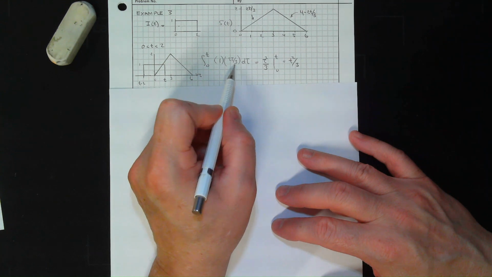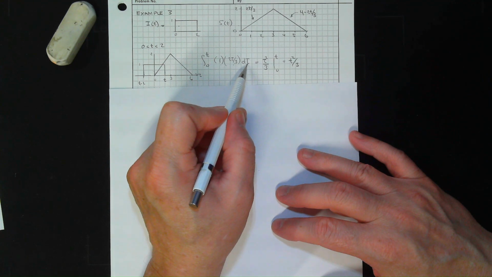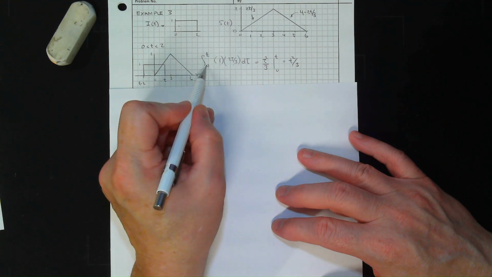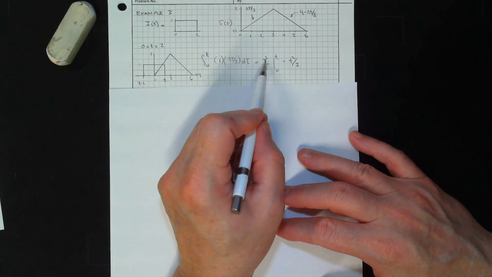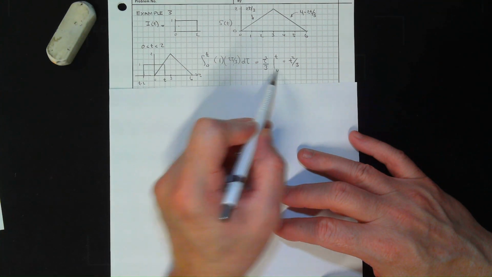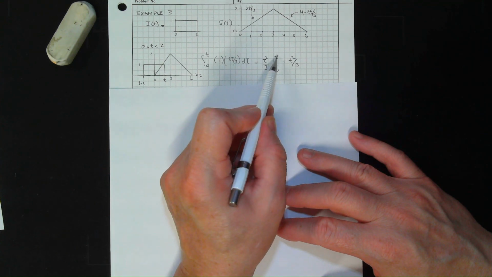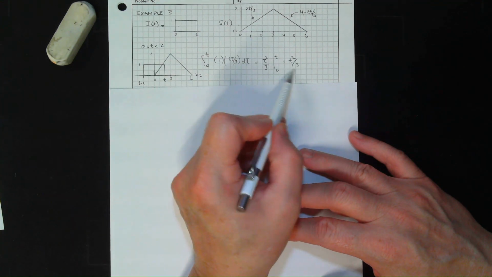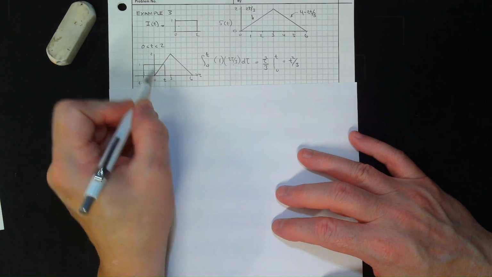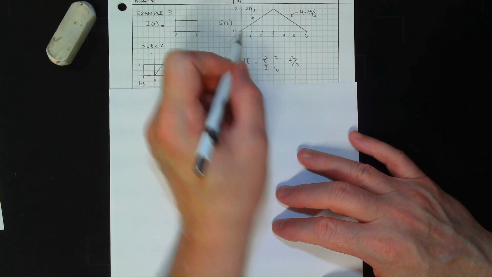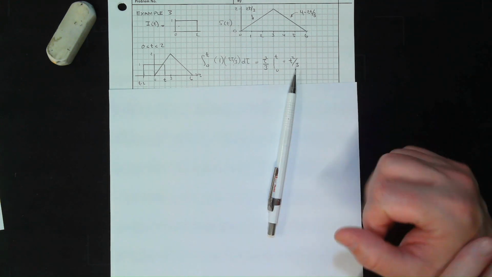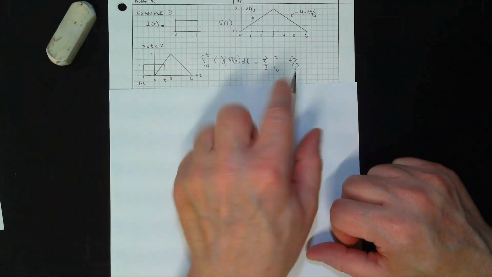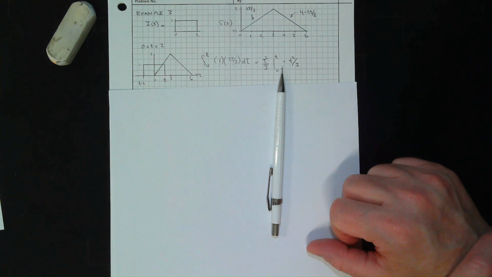I have the corresponding impulse response is 2 tau over 3 for any time tau from 0 to t. If I integrate this, I get tau squared over 3. This goes from 0 to t. And so when I evaluate this, I'm left with t squared over 3. So in the first 2 seconds, my response is simply t squared over 3. So take any time you want from 0 to 2, and that is the response.